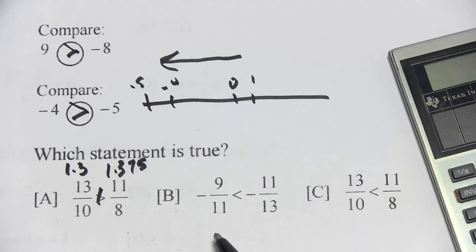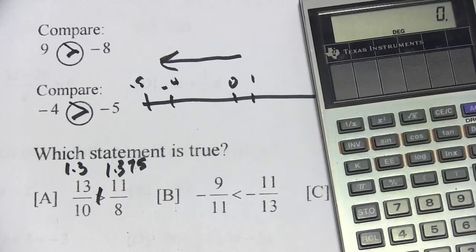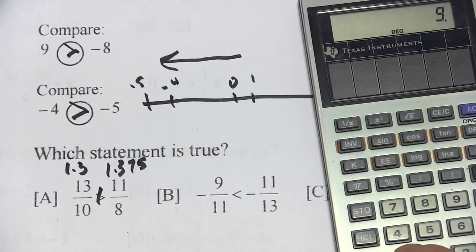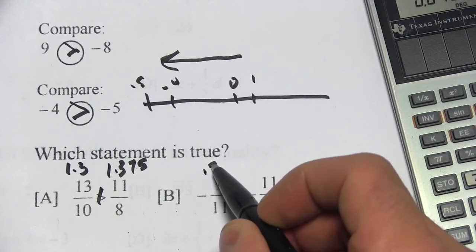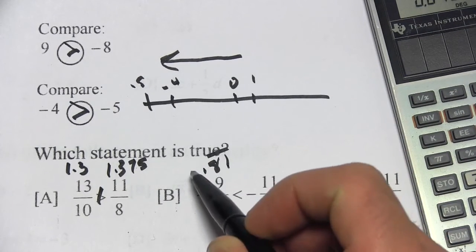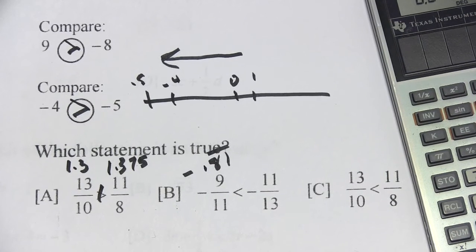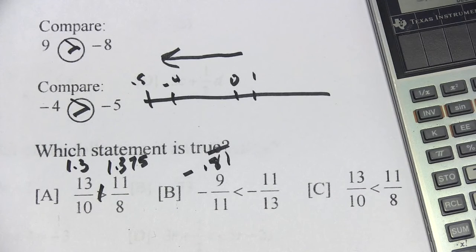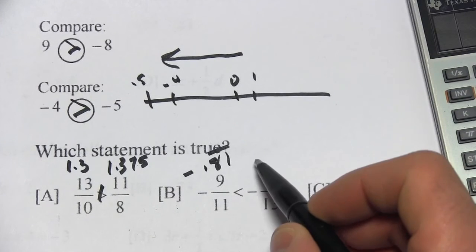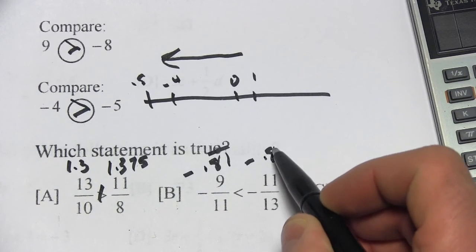We have negative 9/11 is less than negative 11/13. Again, we're going to just punch this in the calculator. 9 divided by 11, and that's 0.81 repeating. Oh, and this is a negative number. And then 11 divided by 13, that's 0.846, etc. But again, that's a negative number.